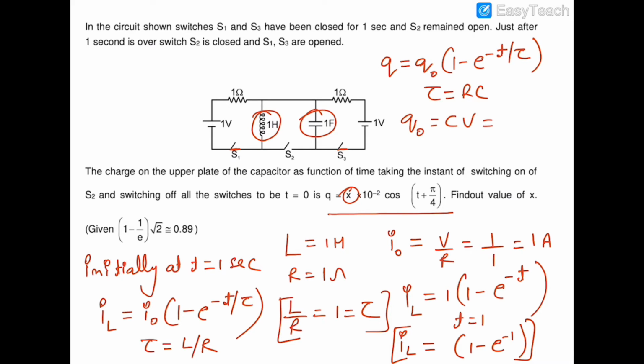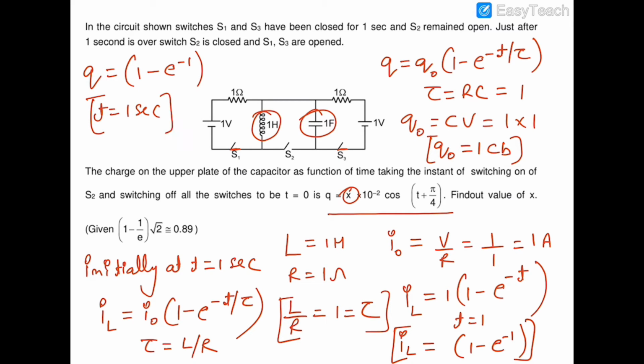The value of capacitance is 1 and the voltage of the cell is 1. So Q naught is equal to 1 coulomb, and the time constant is also equal to 1 because R is equal to 1 and C is equal to 1 farad. So Q is equal to 1 minus e to the power minus 1, because we have substituted the value of time as 1 second here. So this is the charge, and this is the current flowing in the inductor at 1 second.